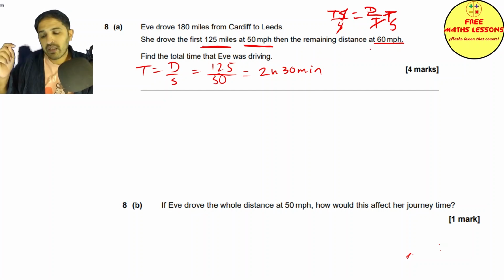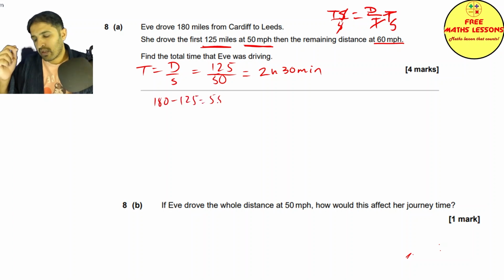And then the remaining distance you travel at 60 miles per hour. So if we take away 125 from 180, that's 55 miles. Then again, we're doing the same thing. So the time is equal to 55 miles divided by 60 miles per hour.